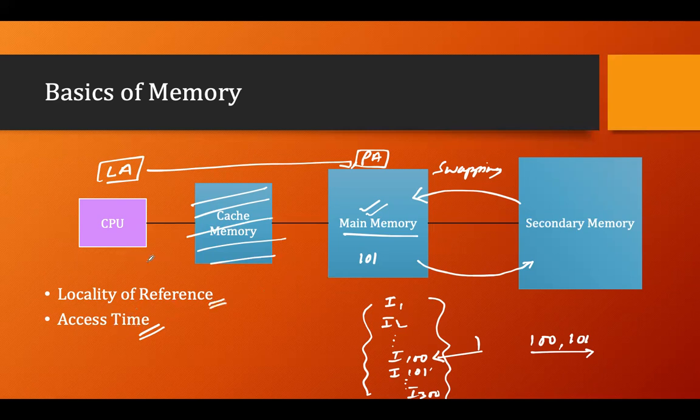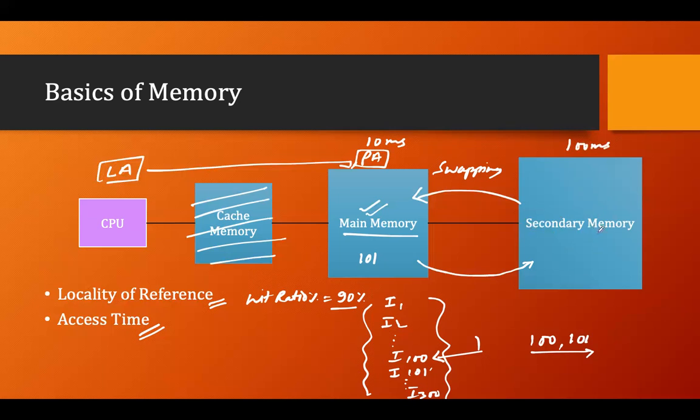So let's say the CPU is requiring one data, and the hit ratio or hit percentage is 90%. It means 90% of the time whatever the CPU requires will be there in the main memory. Let's say the access time of main memory is 10 milliseconds, and the access time of secondary memory is 100 milliseconds, because the memory size is more, right?